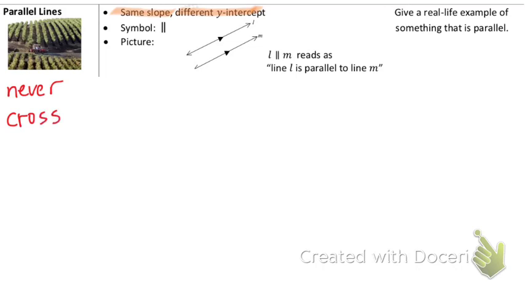So, real quick, in geometry we use this symbol again. This is parallel. So this sentence right here, L parallel M, okay, would be read as line L is parallel to line M. So instead of writing all this out in geometry, we can use this to symbolize this sentence.